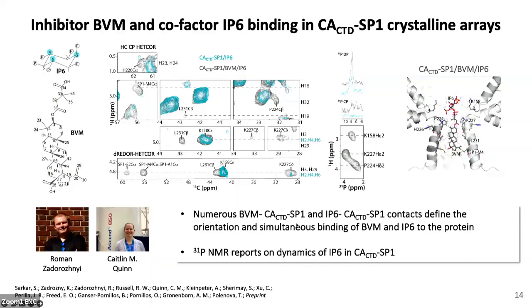These are the most essential sets of experiments that give us the structural information of natural abundance small molecules inside a protein. In addition, my coworker Roman has performed this phosphorus NMR experiment where we detected that IP6 undergoes dynamics inside the protein, but in the presence of BVM, IP6 is rigidly bound. And I will discuss this in a few more slides.